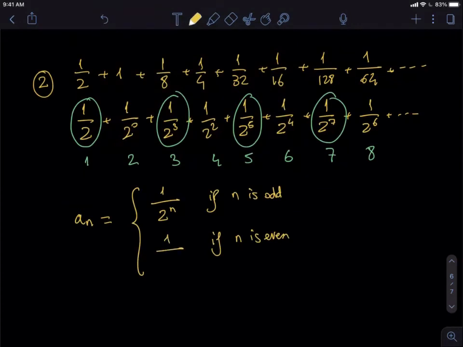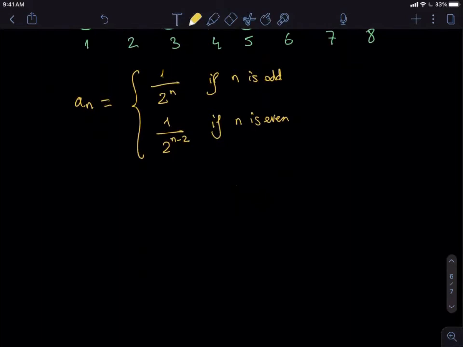Well, it's definitely a power of 1/2. But then for n equal 2, we have an exponent of 0. n equal 4, we have 2. n equal 6, we have 4. n equal 8, we have 6. So it looks like every time we are taking 2 units out of n. So we have 1 over 2 to the n minus 2 if n is even.